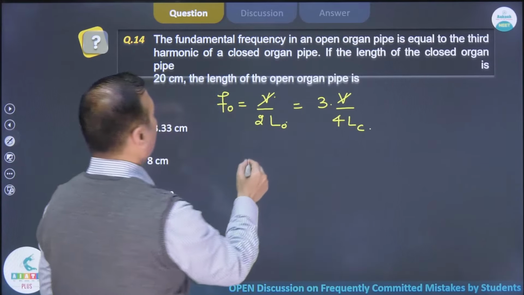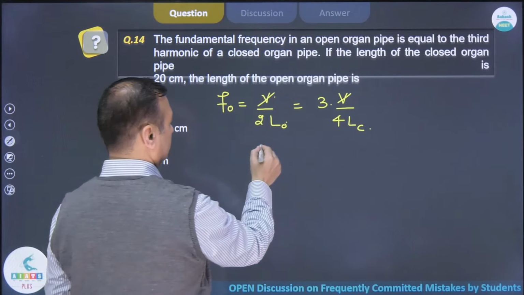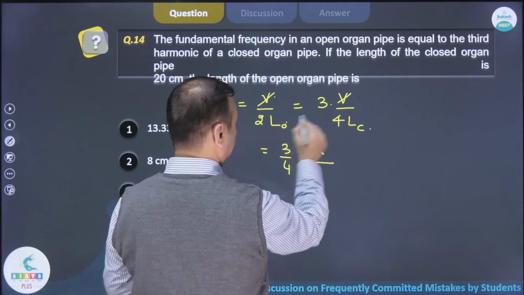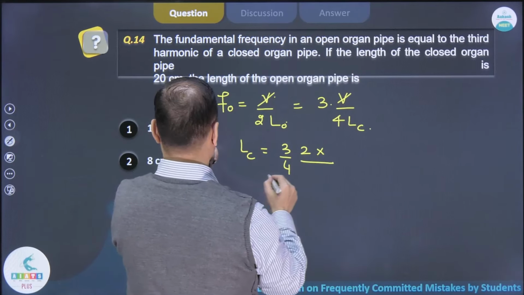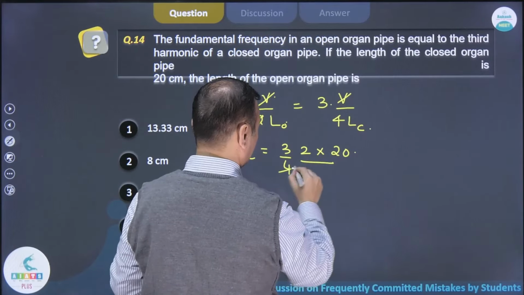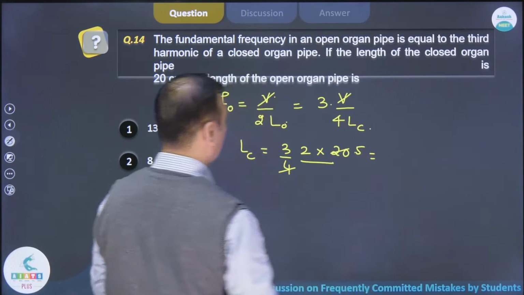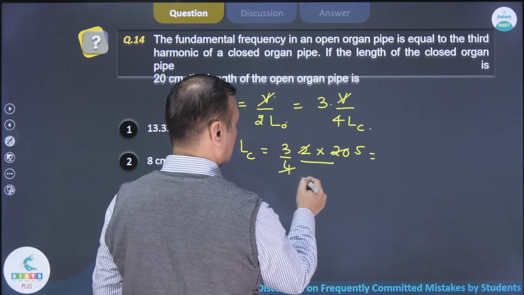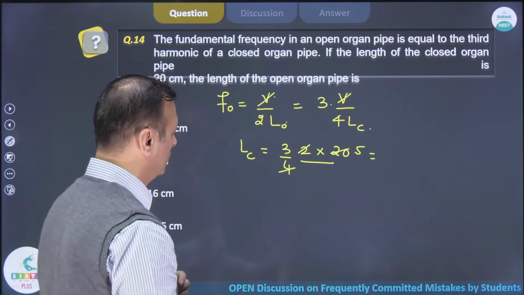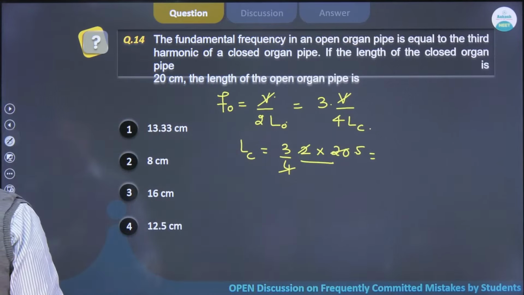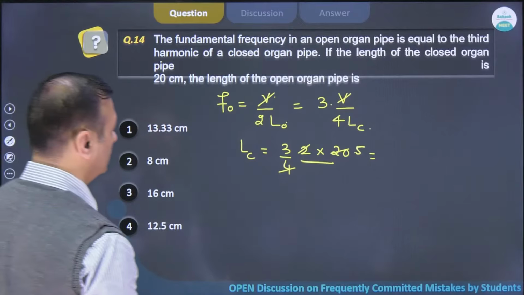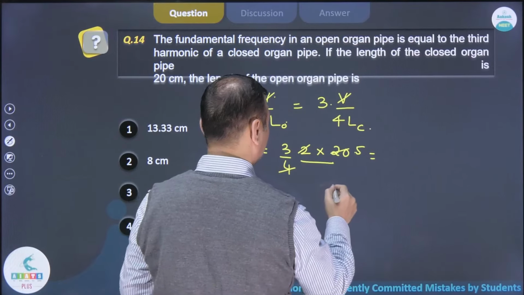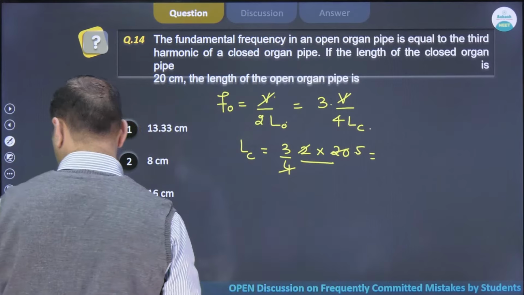And we have the length of the closed pipe, L_C, which is 20.